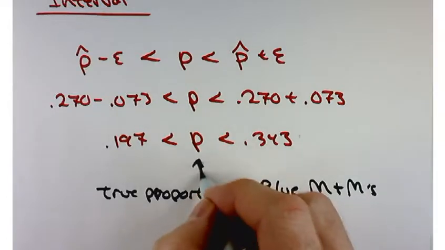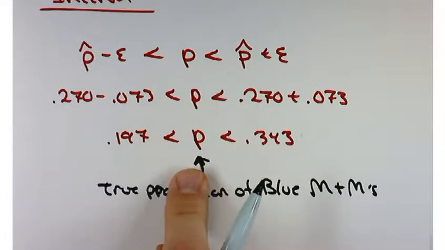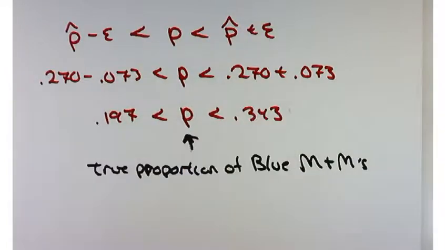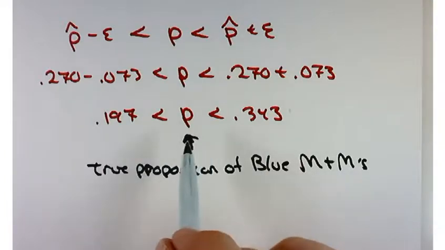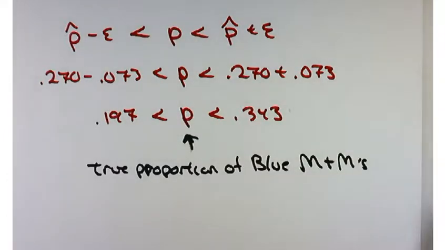Do I know what the true proportion is? No, I don't. Not unless you're M&M Mars, right? In that case, you do know the true proportion. But for us, we're just estimating it. And we think it's somewhere in this interval.